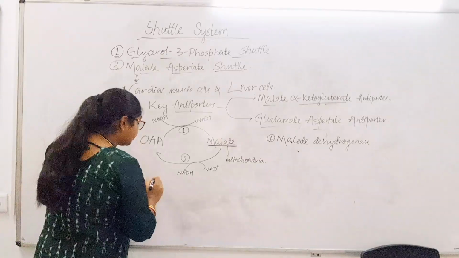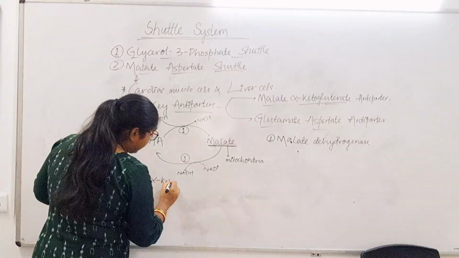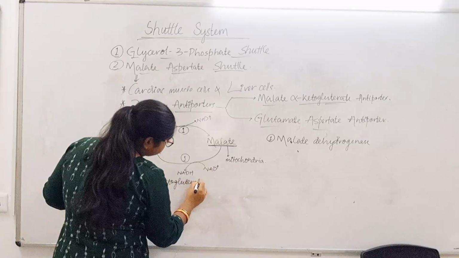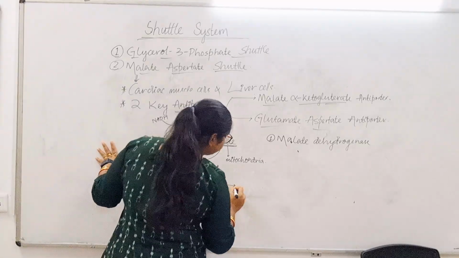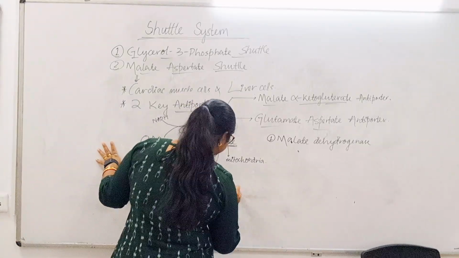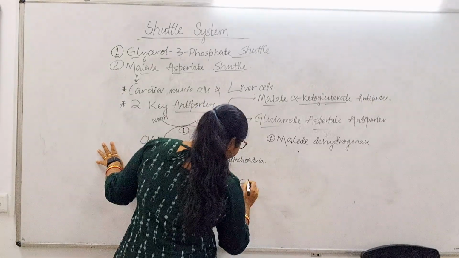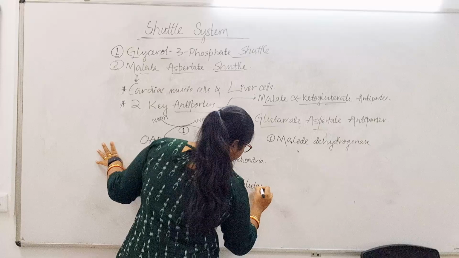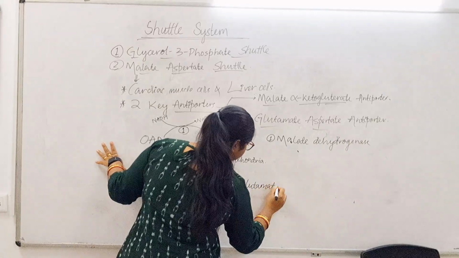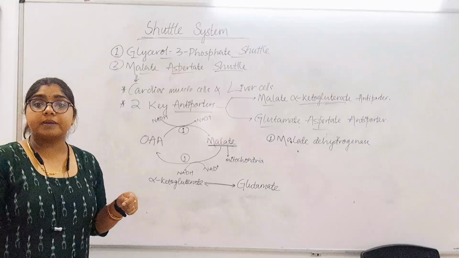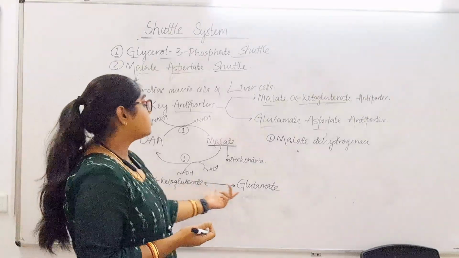Again, this alpha ketoglutarate will convert, in a reversible reaction, to glutamate. This alpha ketoglutarate can penetrate into the inner membrane but cannot go out, so it converts to glutamate.